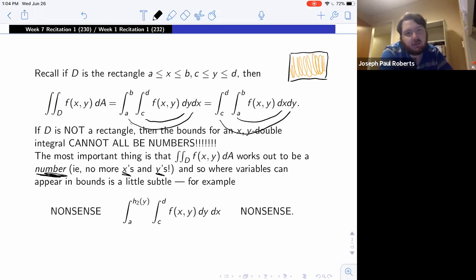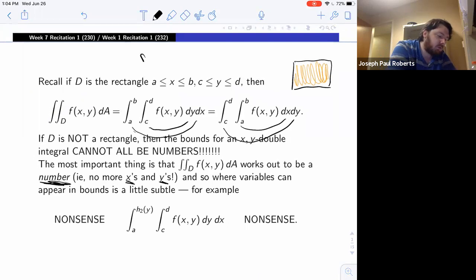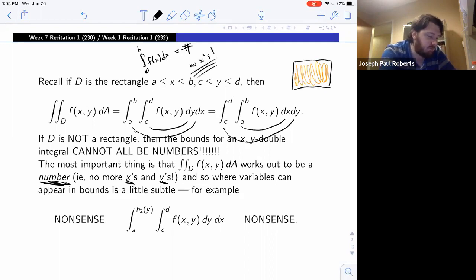Because it's just like in Calc 1, when you learned that the definite integral from a to b of f of x dx was just a number. It represented the area between the x-axis and the curve y equals f of x between x equals a and x equals b. No x's were on the right-hand side, because what do you do?